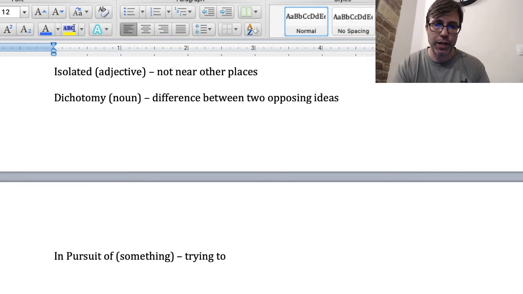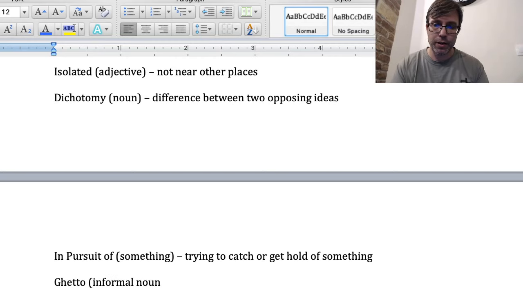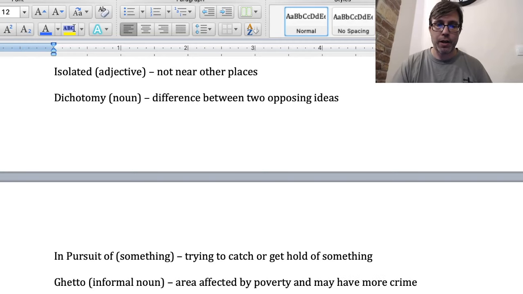Trying to catch or get hold of something. And we talked about ghetto, informal noun. I'd say area affected by poverty and may have more crime. So again, somebody might be using that word in different ways.